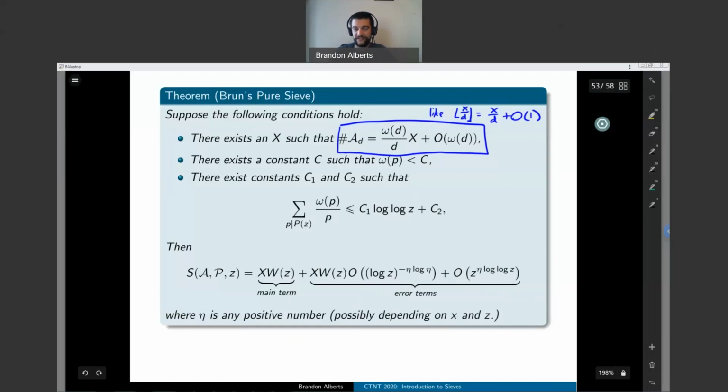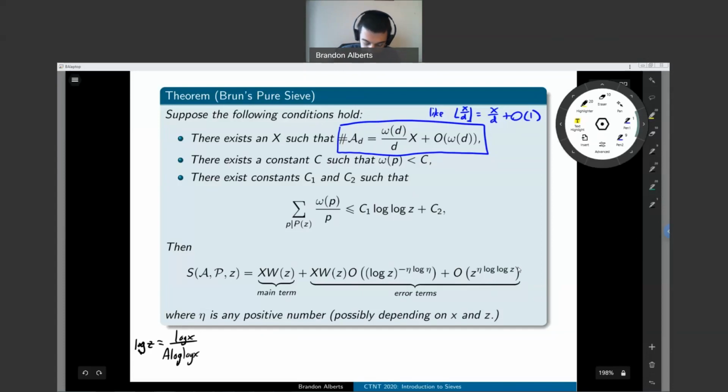Okay, so let's consider this error term before we talk about Brun's leap to get to this improvement. Let's look at this error term under our nice choice for z. So we talked about in the last live lecture, the choice log z is log x divided by a times log x.